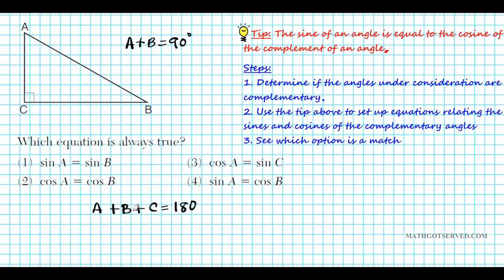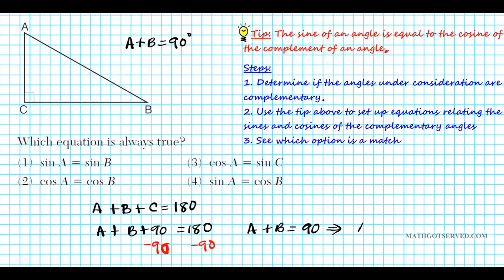But we know that angle C is 90 degrees, so we have A plus B plus 90 degrees is equal to 180. So if we subtract 90 from both sides, you find out that angle A plus angle B is equal to 90 degrees.